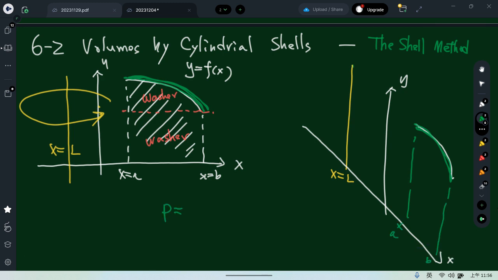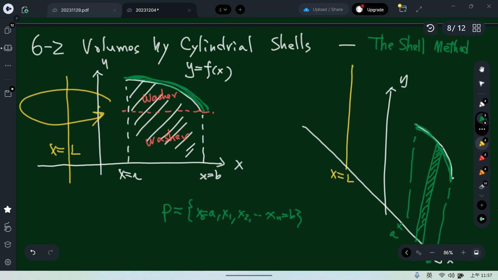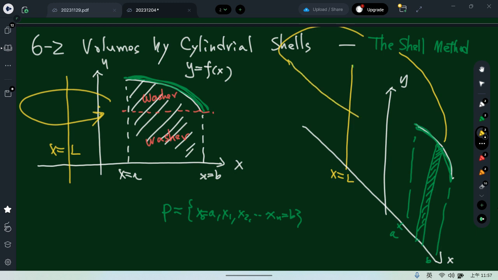We have a partition, so especially we have a small portion. We just use this to rotate. Finally, you can see the shape will be like this one.